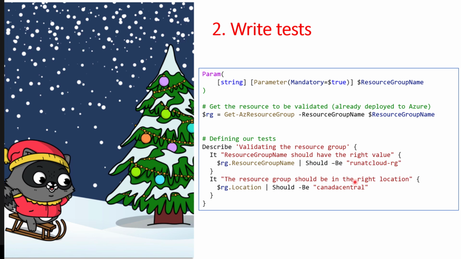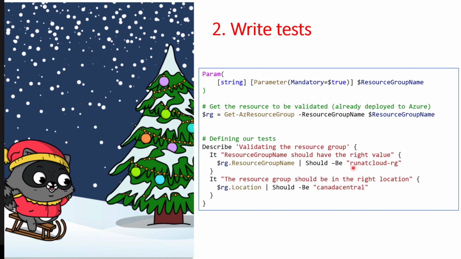The second test ensures that the resource group has been deployed in the right location. For me, it's Canada Central, so I want to ensure that the location property of that resource group that is deployed on Azure is actually Canada Central. Easy, right?